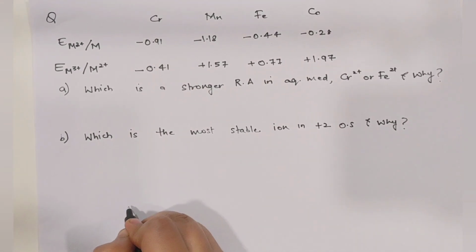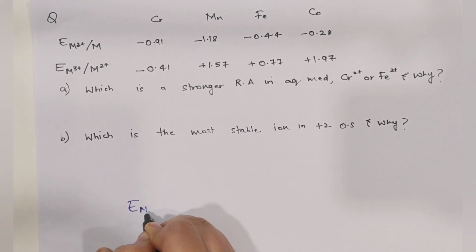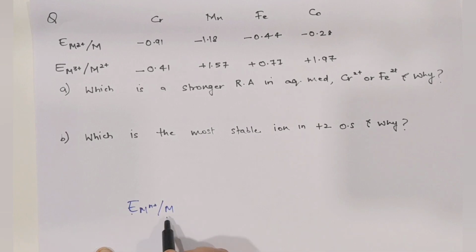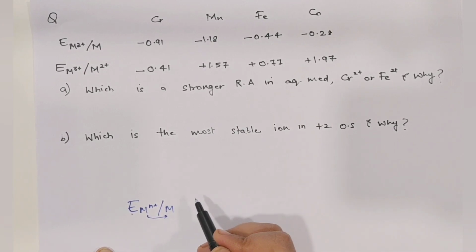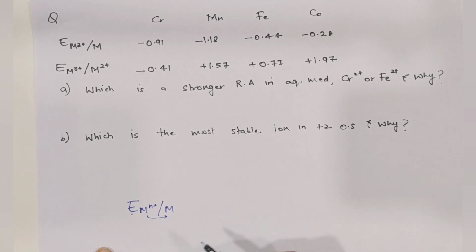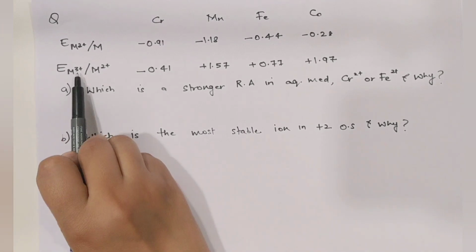If this is a reduction potential, obviously, because going from a positive oxidation state to neutral, it's going to get reduced. Or going from a higher oxidation state to a lower oxidation state, that is also reduction, like here.